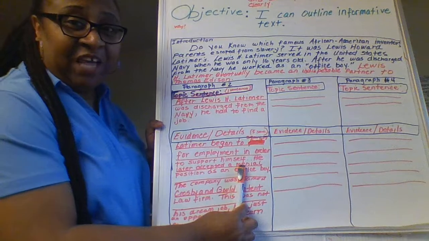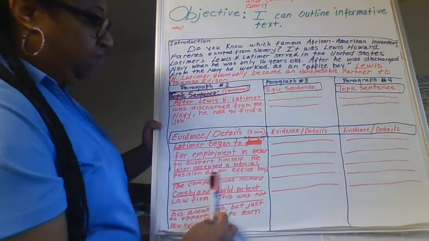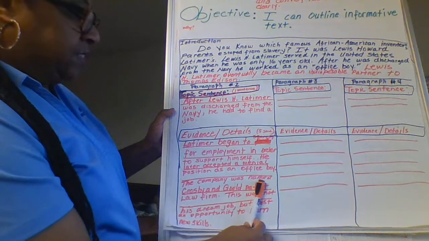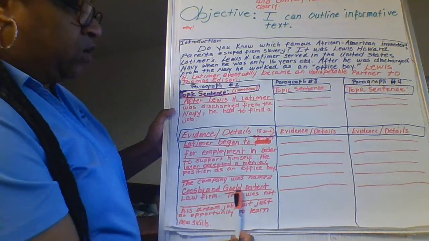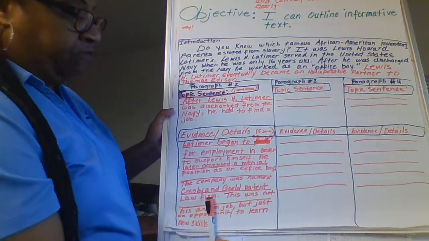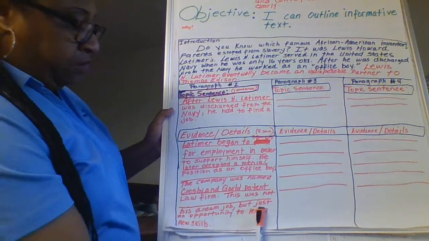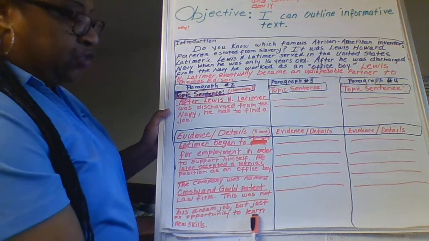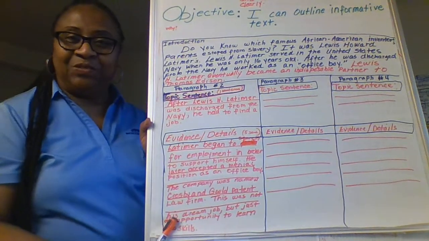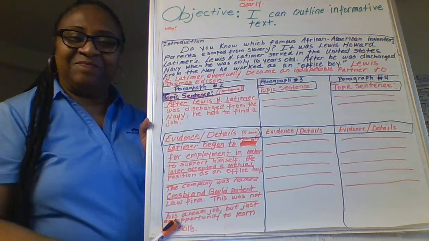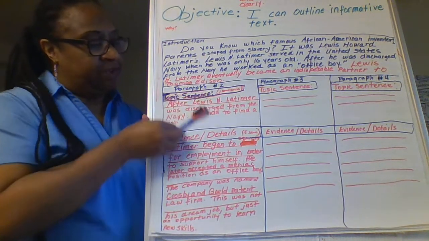Menial, another vocabulary word. The company was named Crosby and Gould Patent Law Firm. This was not his dream job, but just an opportunity to learn new skills. See how easy that is? And that is my first paragraph.